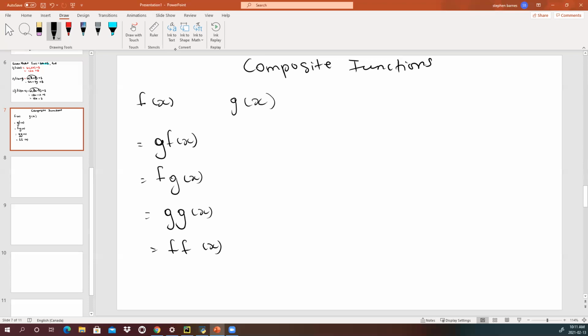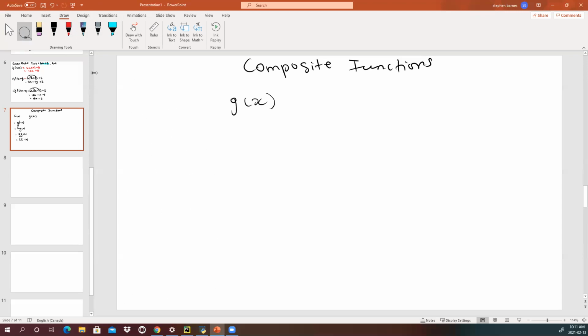So the question is now, how do we go about working out a composite function? We're going to do that using simple functions first, and then we can increase the level of difficulty. So let's start with two functions, because we're doing composite functions.